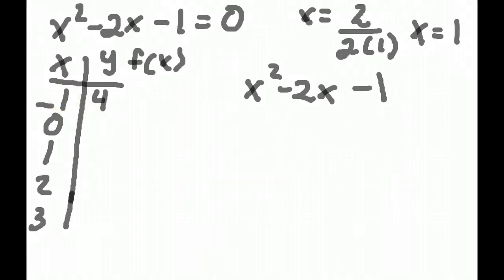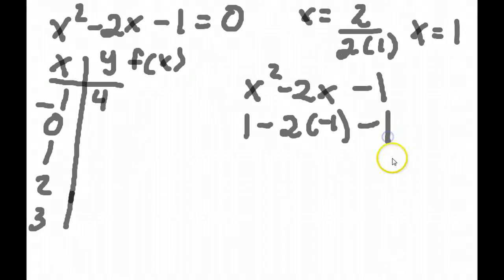Let's start over again. Let's put in negative 1. You get negative 1 squared, which is 1, minus 2 times negative 1, minus 1. So that gives us 1 plus 2, which is 3, minus 1, which is 2.